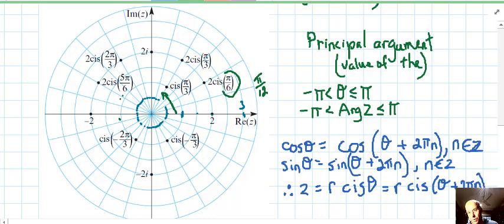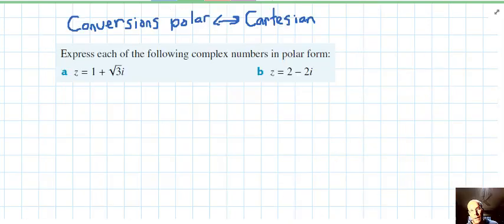There's a non-uniqueness need to be aware of. But if you understand your trigonometry from your unit circle, that shouldn't be a major surprise. Hence, we have a principal argument, or a principal value of the argument, and you can see that applied here in our radial diagram.